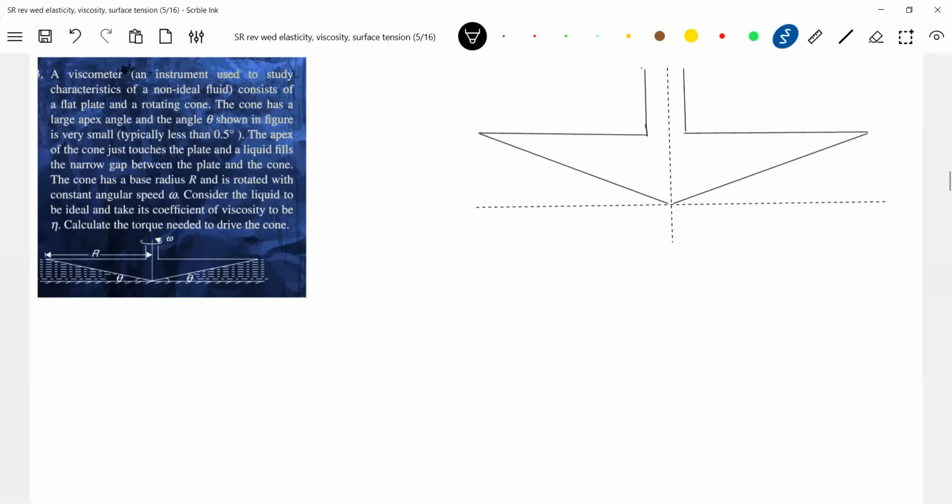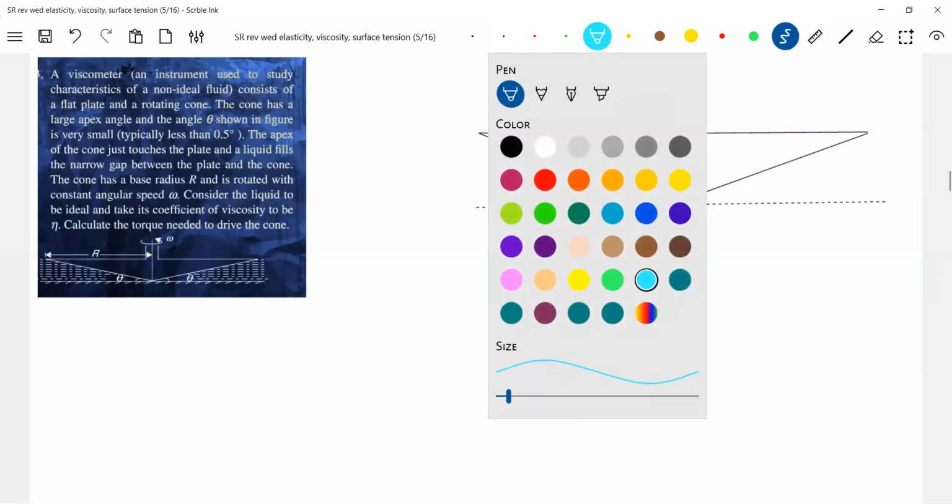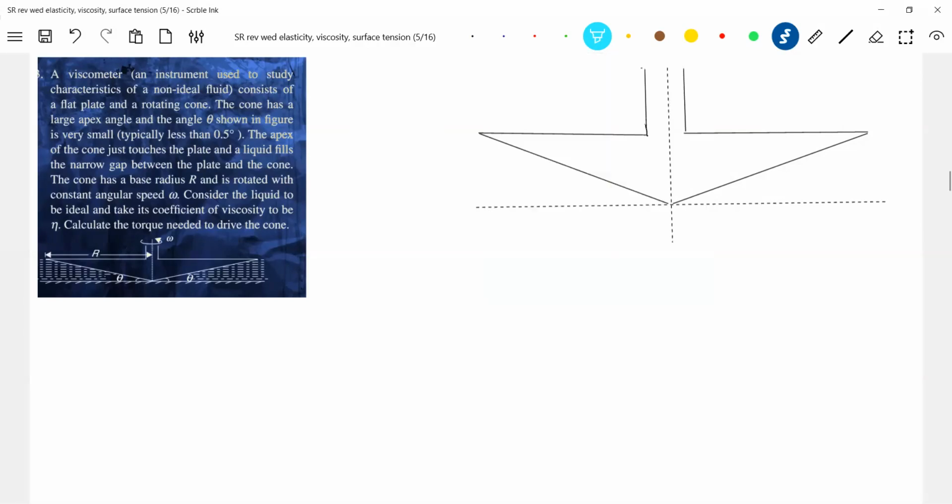Okay, there's a cone. Surrounding this, everything is a liquid. Hope you are able to understand because I just shared that. The white color, the blue color, is viscous liquid.